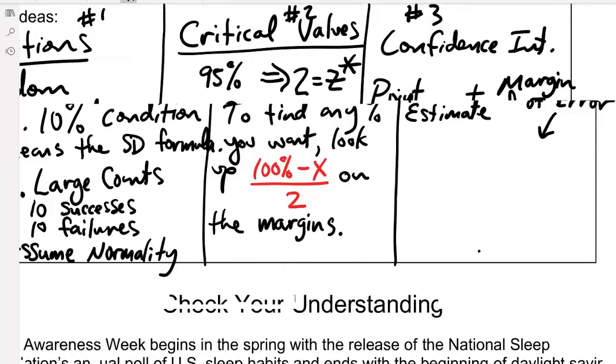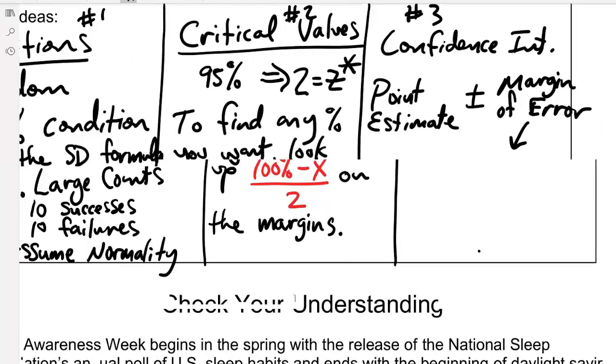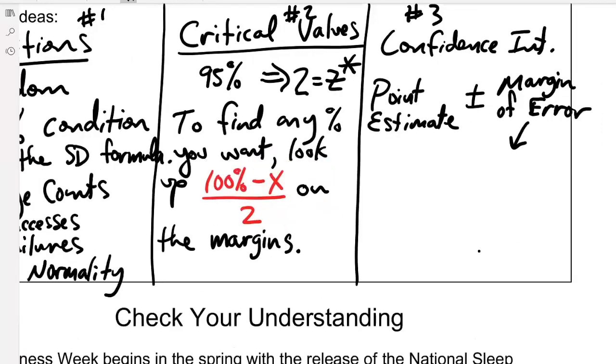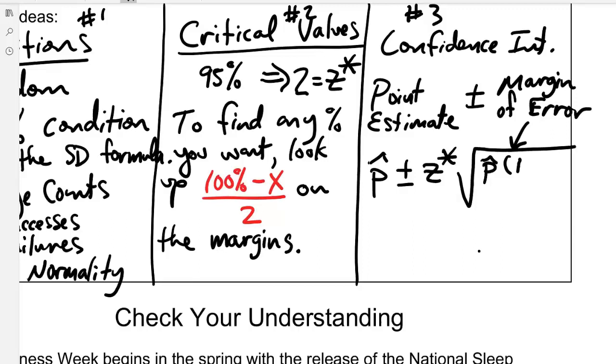So in symbolic language, it's your p hat, which is your proportion coming from the experiment, plus or minus Z star, which is your critical value. It tells you how many standard deviations you want, times the square root of, now this would be standard error, so it's p hat times 1 minus p hat, over n.